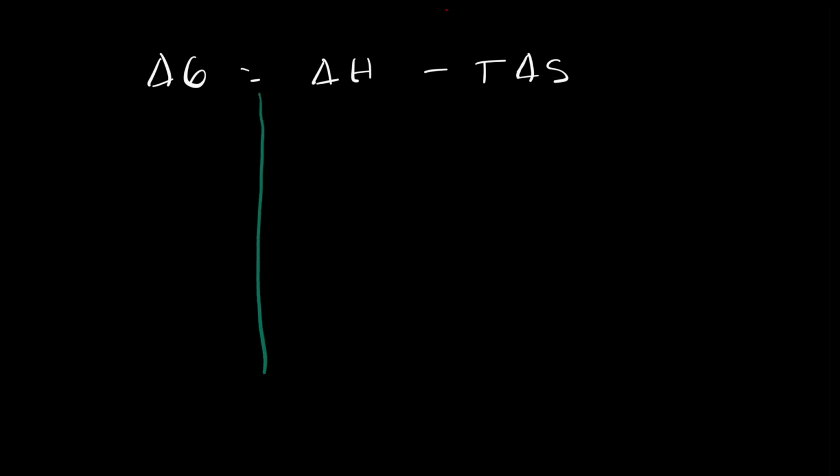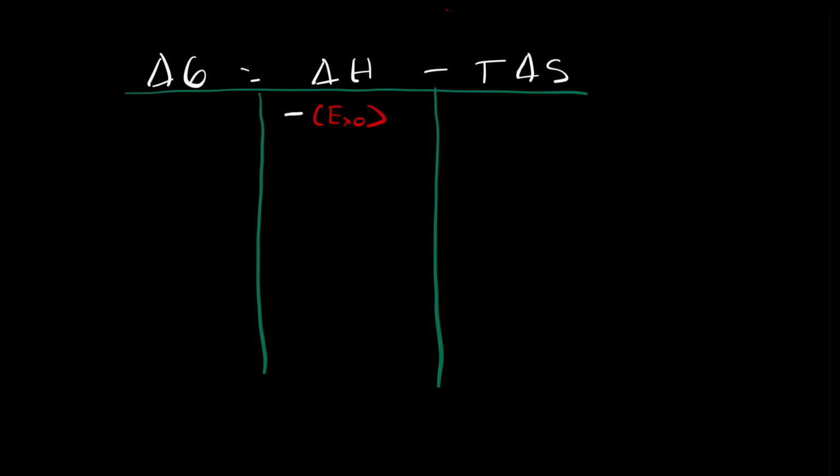Let's first look at delta G is equal to delta H minus T delta S. So again, let's make a little chart here. What happens if our delta H value is negative? Again, that means it's exothermic. Our T value, well, that's just a temperature.